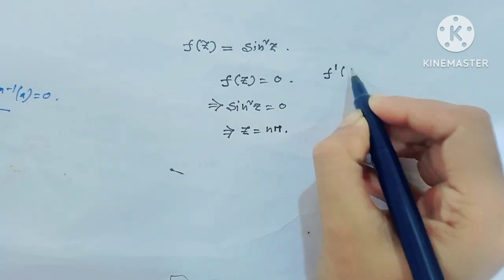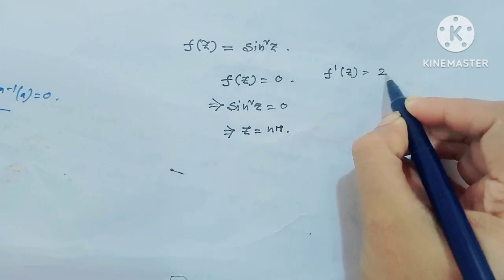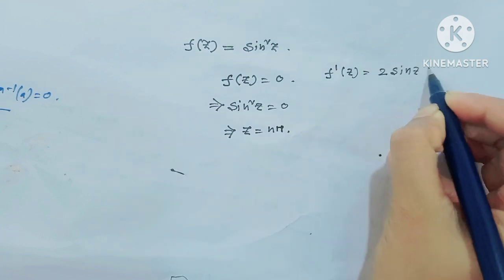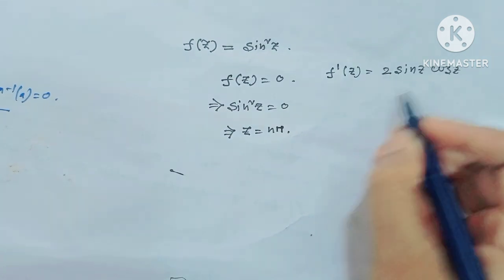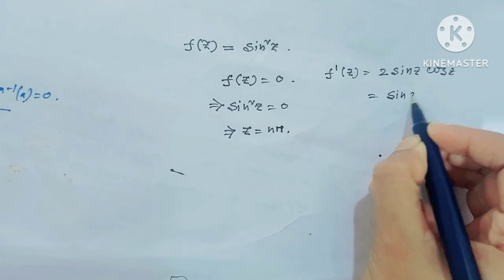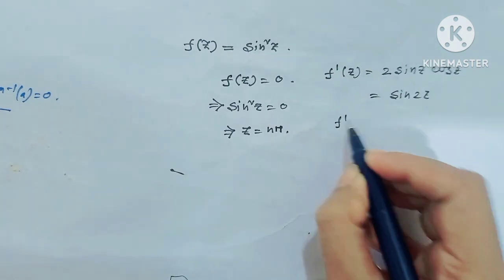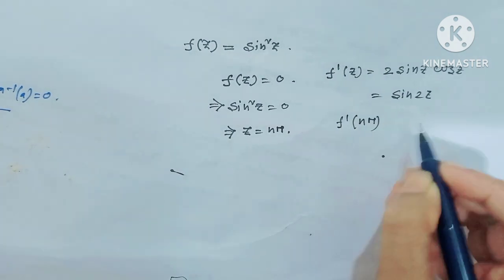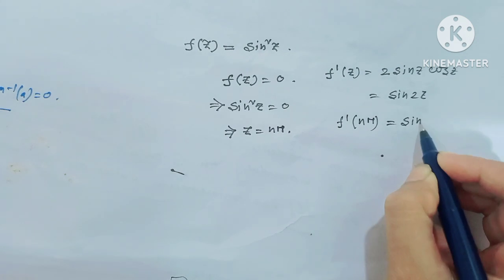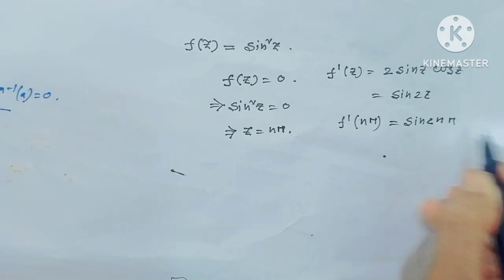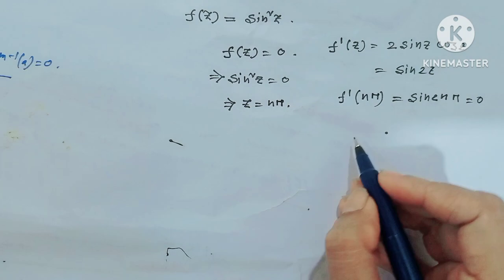If we consider f'(z), this value is 2 sin z cos z, which is sin 2z, and f'(n pi) = sin 2n pi, which is equal to 0.